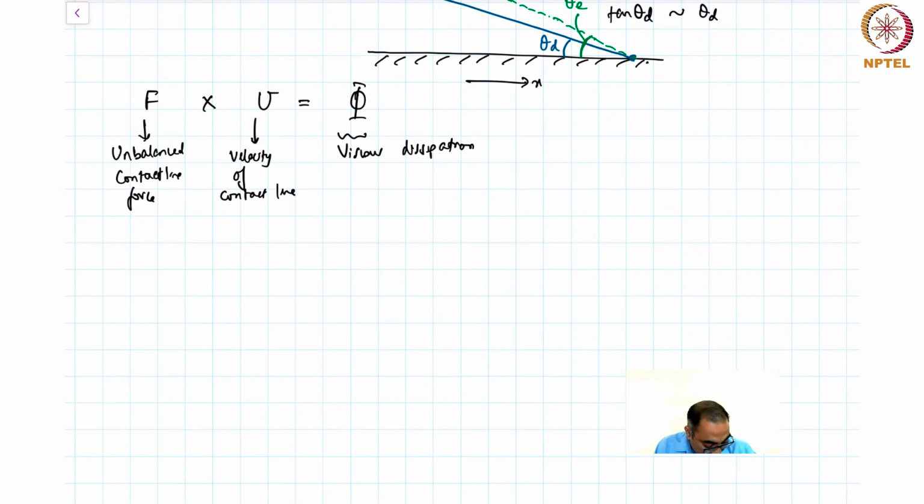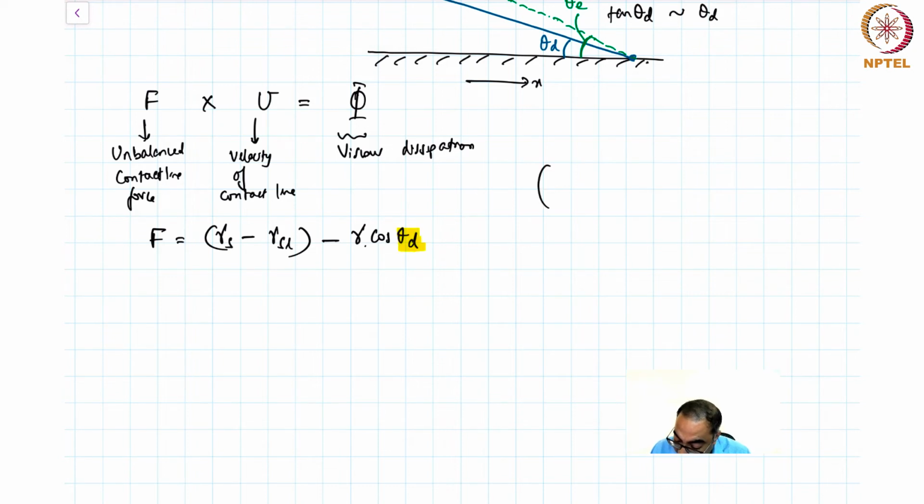Now we can write down a simple expression for this contact line force. It can be thought of as, in the static case when there is no motion, gamma s minus gamma sl minus gamma cos theta d. We are trying to take the same form of the contact line force, inspired from Young's law, but the only difference is now we have the cosine of theta d.